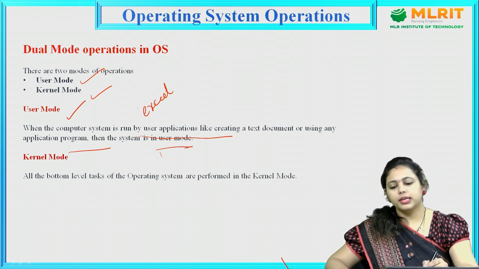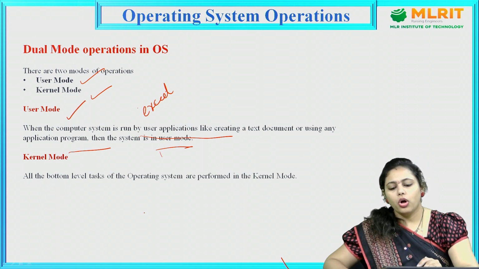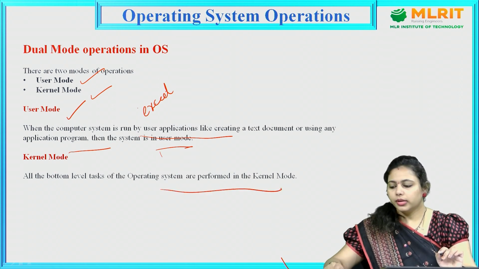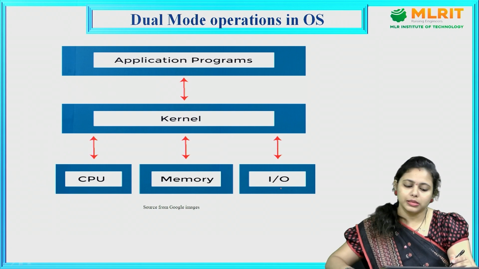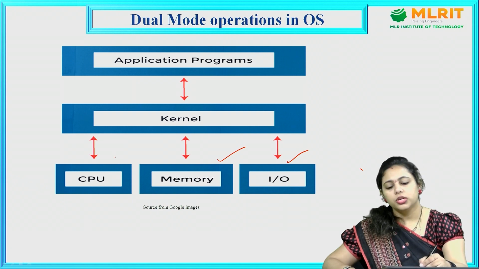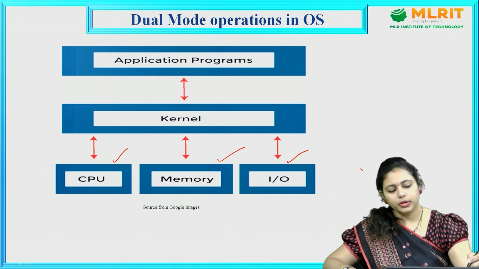Next, coming to the kernel mode. All the bottom-level tasks of the operating system are done by the kernel mode. Let us see what those bottom tasks are. If it is working with memory management or IO management or scheduling the processes, all this comes under kernel mode.